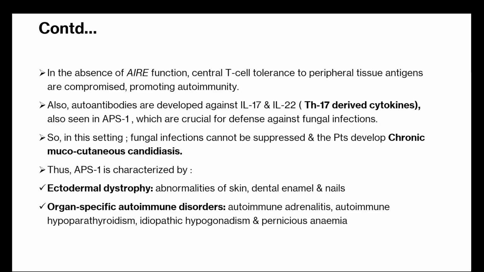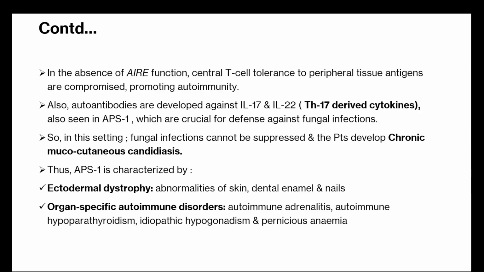Also organ-specific autoimmune disorders can be seen, since there is a mutation of the autoimmune regulator, and so these self-antigen recognizing T cells are not cleared or not eliminated, so various target organs can be affected. If the adrenal gland is affected, then that results in autoimmune adrenalitis.